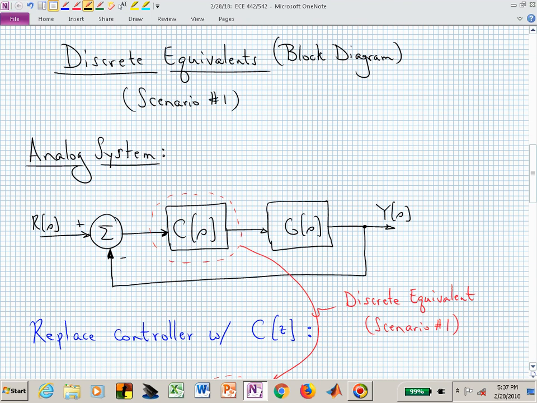Maybe it's a phase lead controller, maybe it's a gain, maybe it's a PI controller or PID. If you haven't had 441 or 541, that's fine. We'll figure out how to design controllers after we've finished exam number 2. That's when we'll start dealing with controller design.